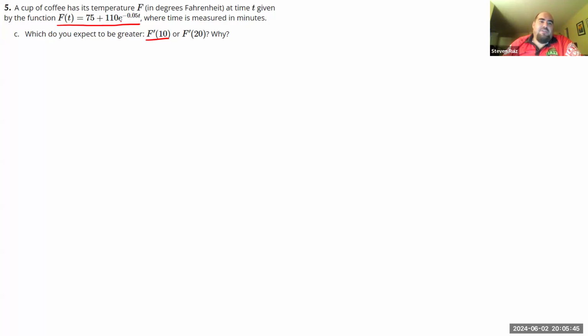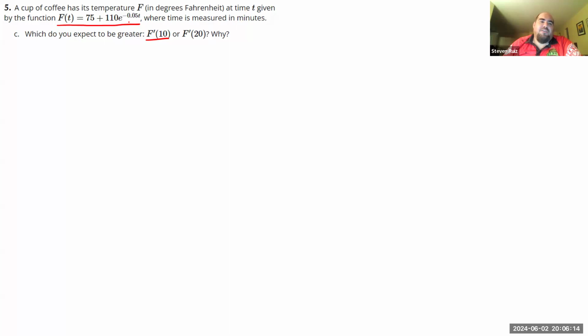If we look at this exponential function, we have e raised to the negative 0.05 t. If I think about what that's going to look like as t gets really, really big, this exponent is going to get very large in magnitude, but it's also going to be negative, which means this e to that number is going to get really, really small.